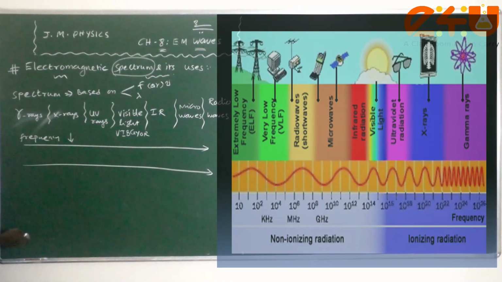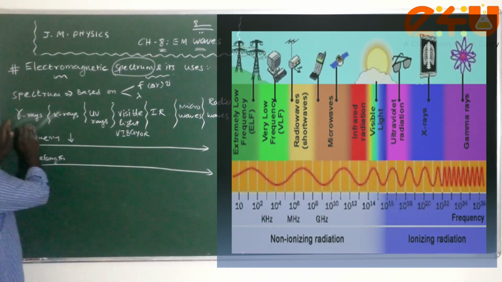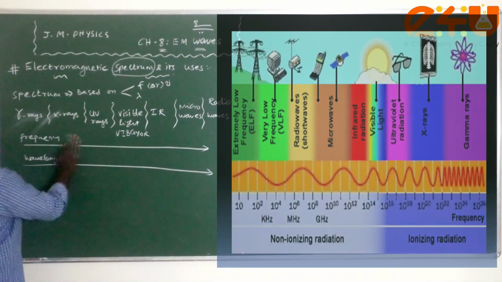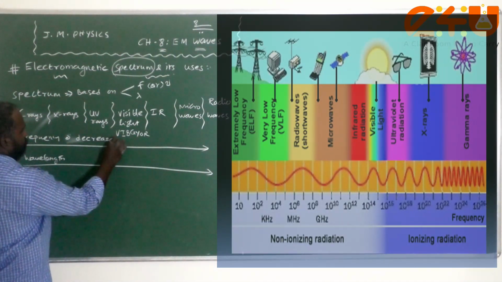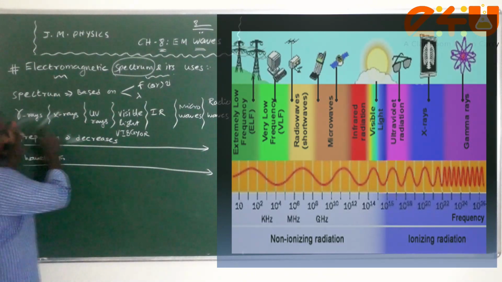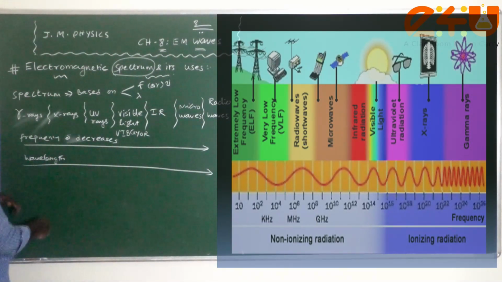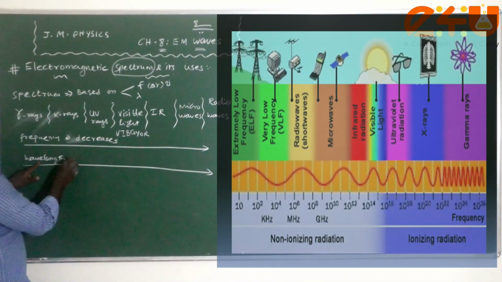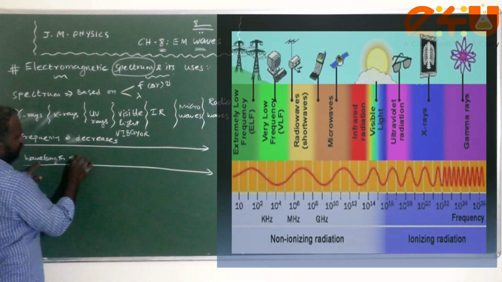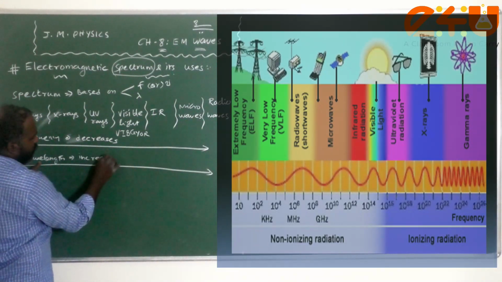As we move from gamma rays to radio waves, the frequency value decreases, and the wavelength of the radiation increases.